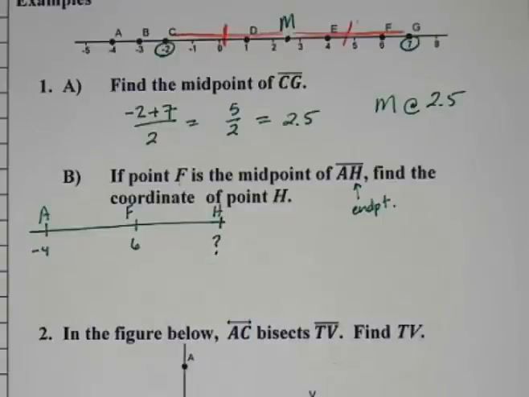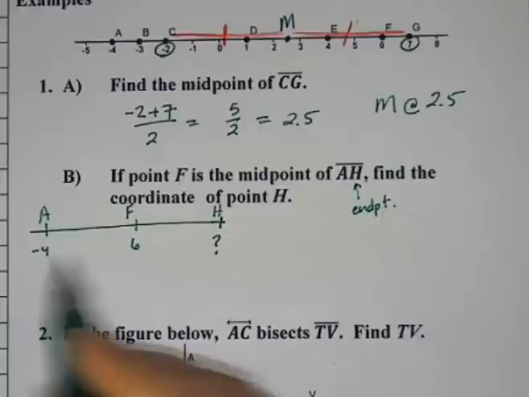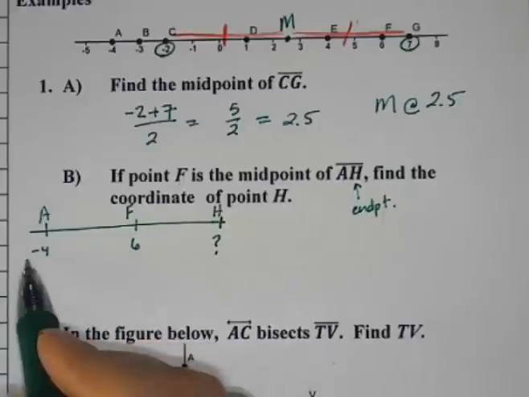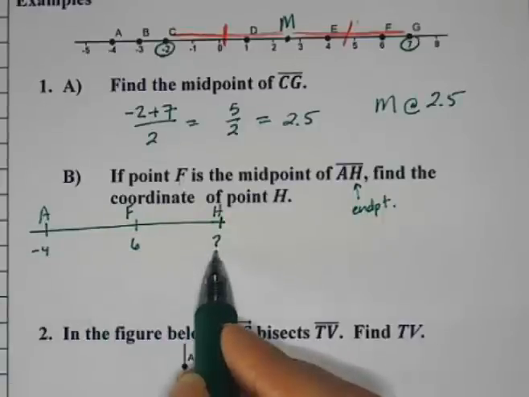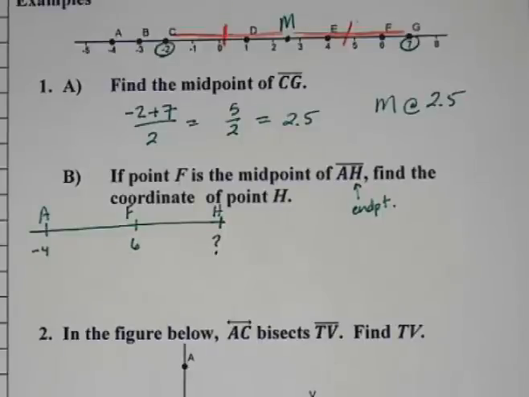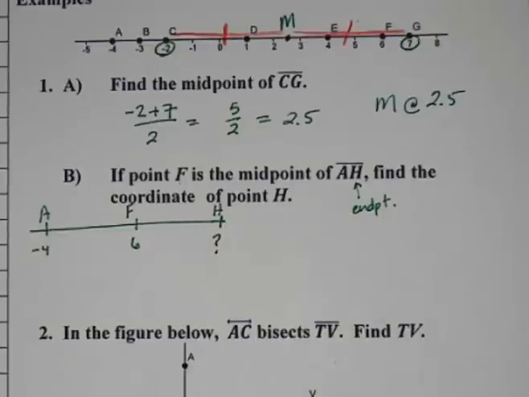So one way I could do that is I could figure out the distance between the 2 points that I do know, from A to F, and then I could apply that distance to go out to H. That's one way I could do it. Another way I could do it is to use the formula, which is I think a little bit trickier. So for your benefit, I'm going to do it the trickier way to show you how it works with the formula.